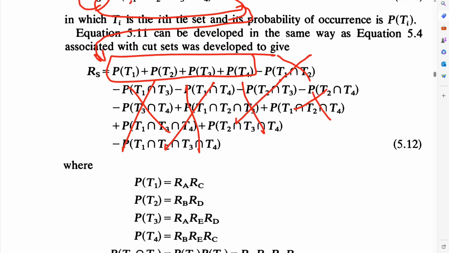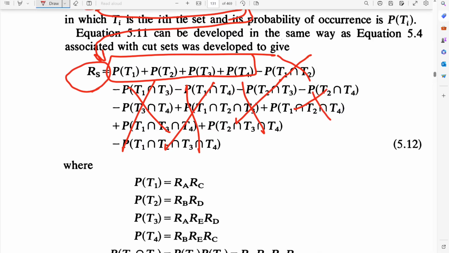As you saw before, in the cut set method, you can use the approximation because the reliability after using approximation will be less than the real one. But here, these parts are subtracted from this, so if you use the approximation, the calculated reliability will be greater than the real one.